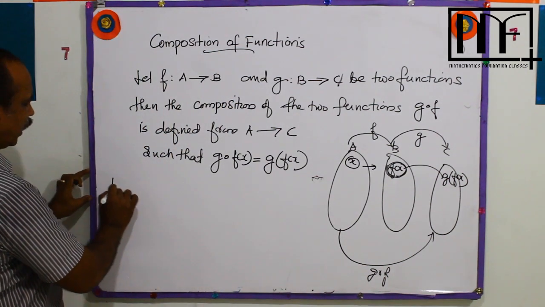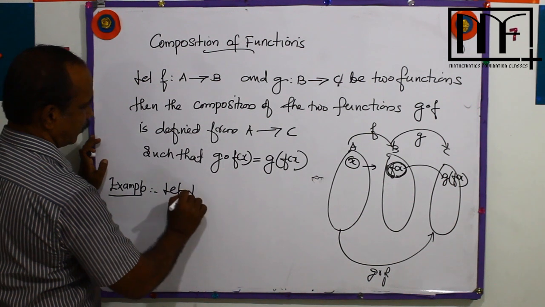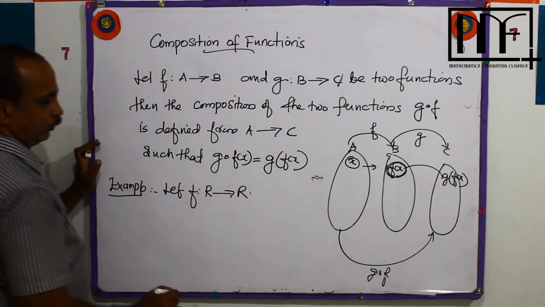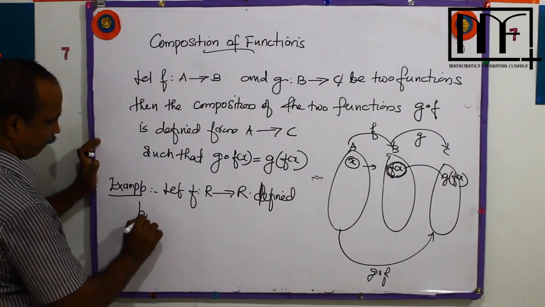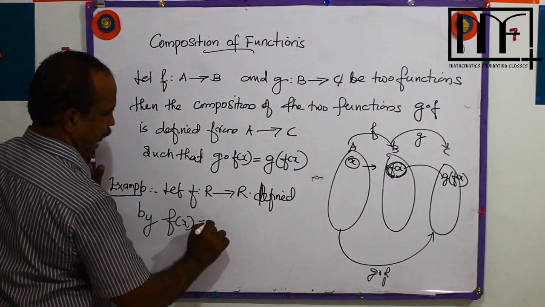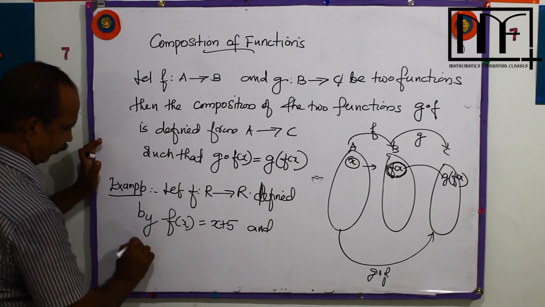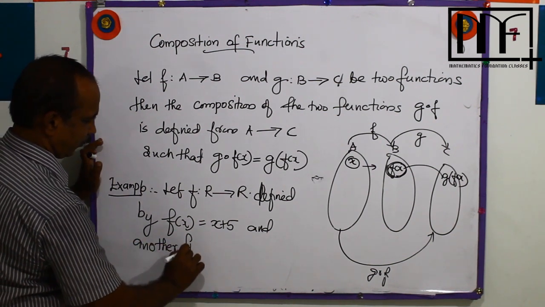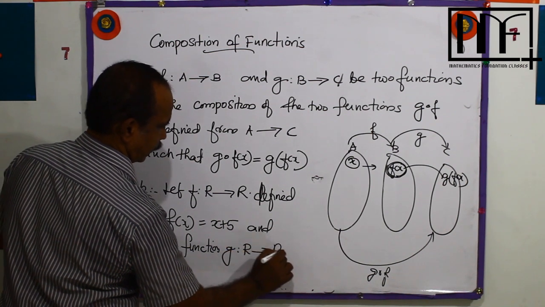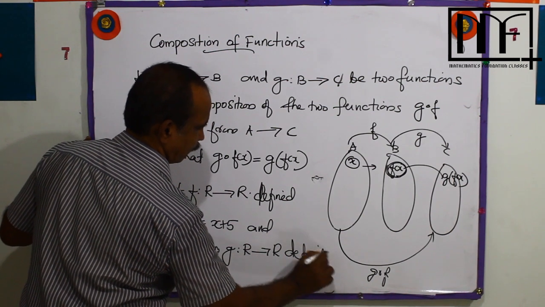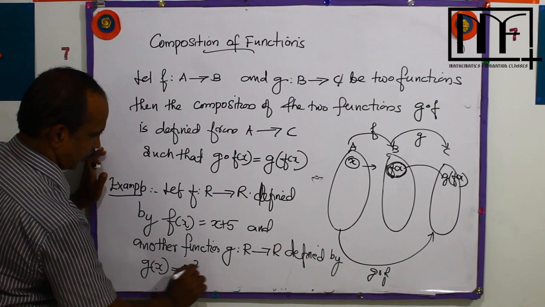For example, I'll show an example here. Let f be a function from the real numbers to the real numbers defined by f(x) = x + 5, and another function g, again from R to R, defined by g(x) = x².